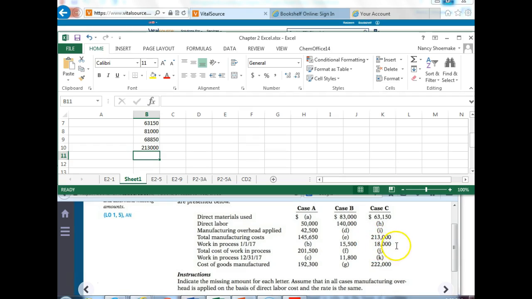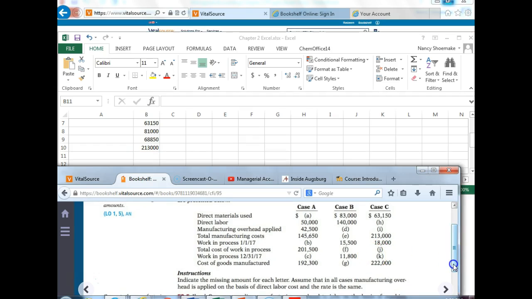Now, our work in process is 18. So our total cost of work in process is the 213 plus the 18, or 231. And our work in process as of the end of the year has to be the 231 minus K, gives us our 222. So the end of the year work in process has to be 9,000.